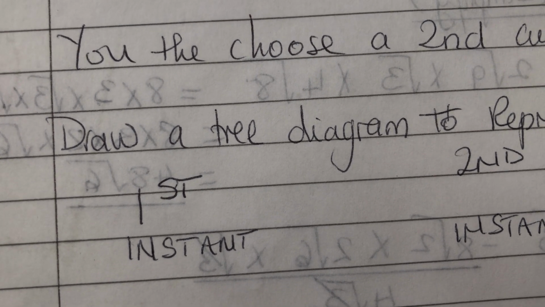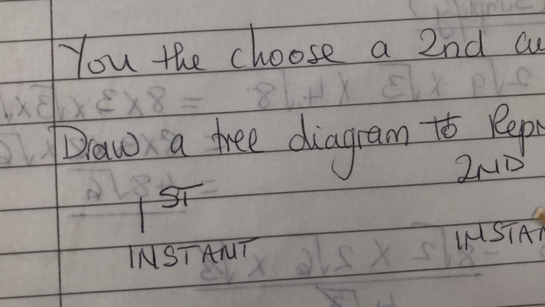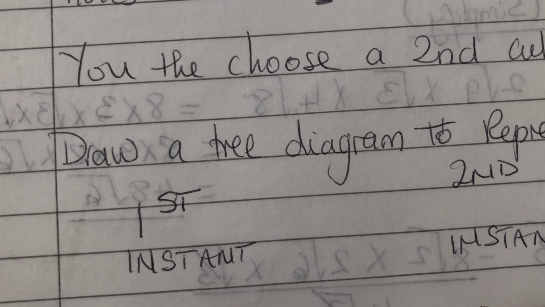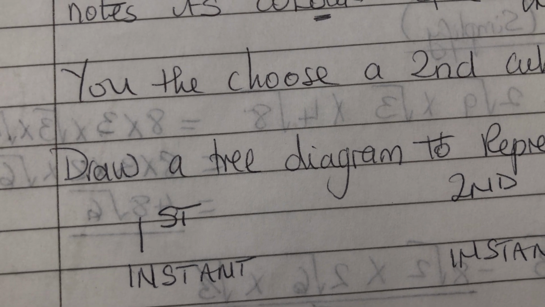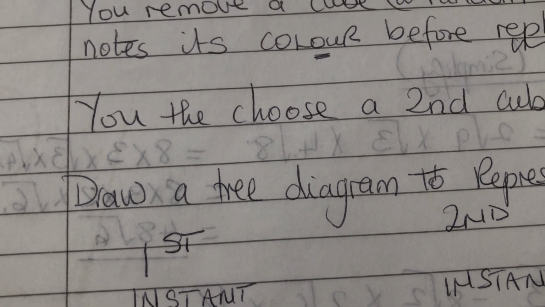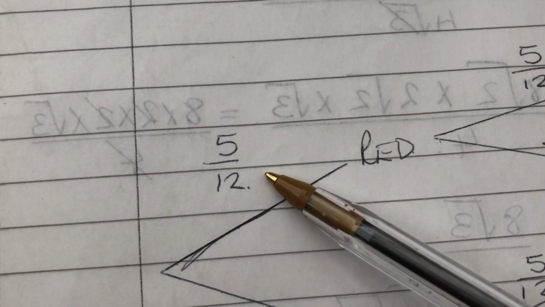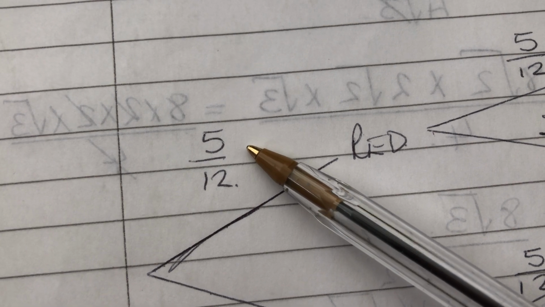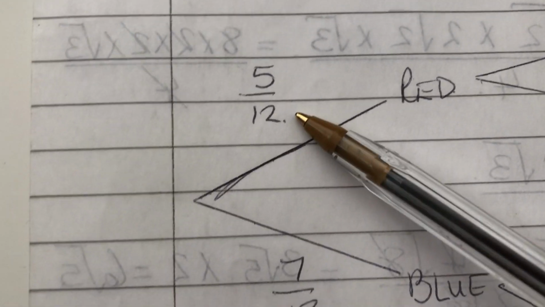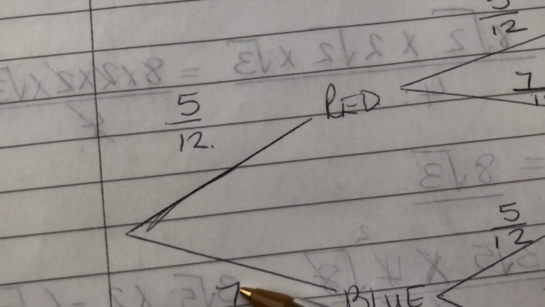So you've replaced twice, you've picked a cube, noted the color, you replace. Unlike the sweets we saw in the other video where you pick and you didn't replace, this one you replace. So this is the first instance. You have 12 cubes, so the probability of choosing a red is 5 out of 12. The probability of choosing a blue is 7 out of 12.